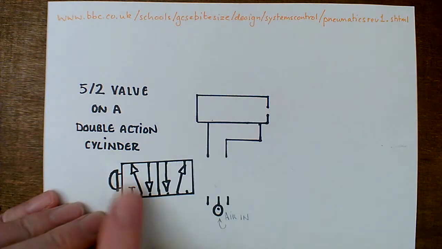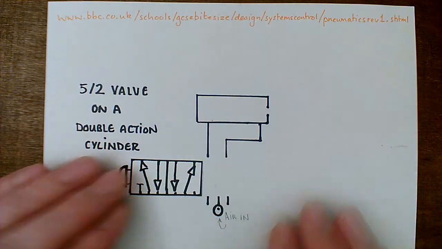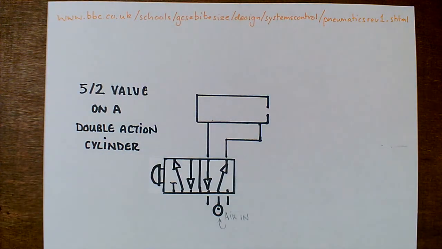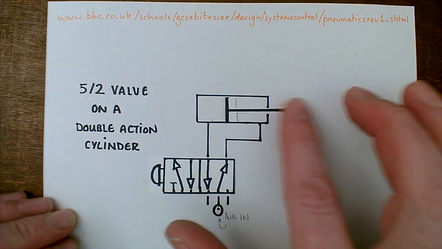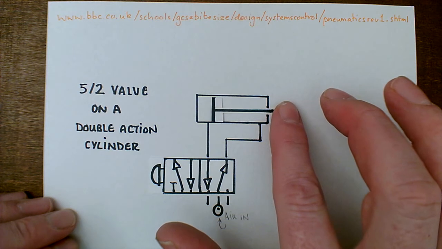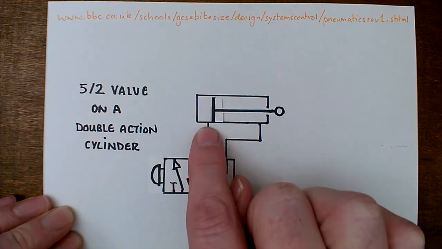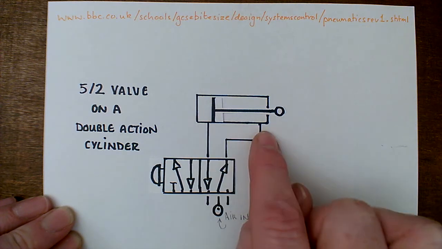So here's the model of the switch, and again this is on www.bbc.co.uk bitesize. So I'll put that in the closed position, and I've actually created the inside of the cylinder so that this can slide up and down. And the reason for that is that this is a double action cylinder. And you'll note this because it's got 2 ports to allow the air to come in from either end.